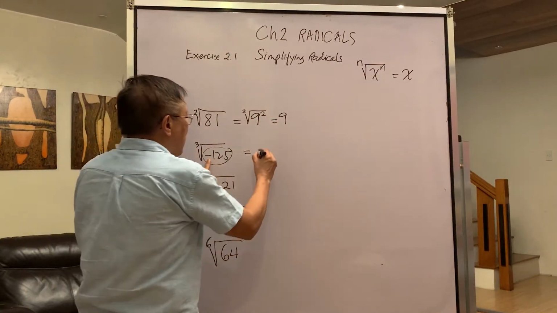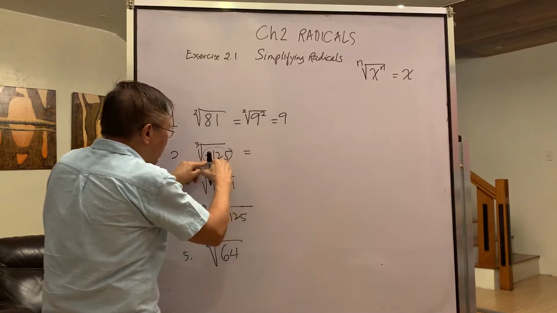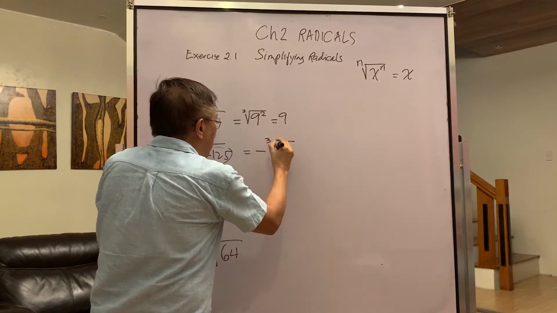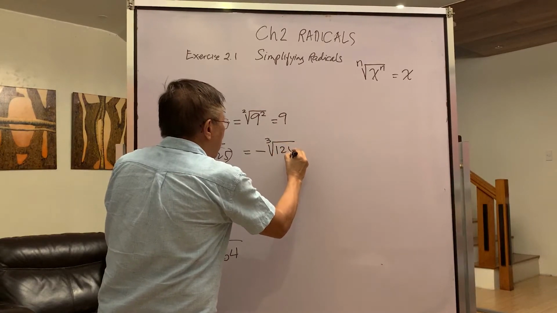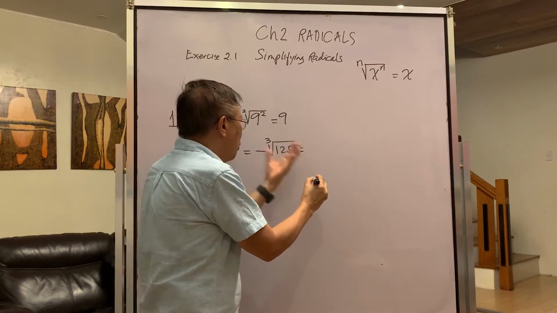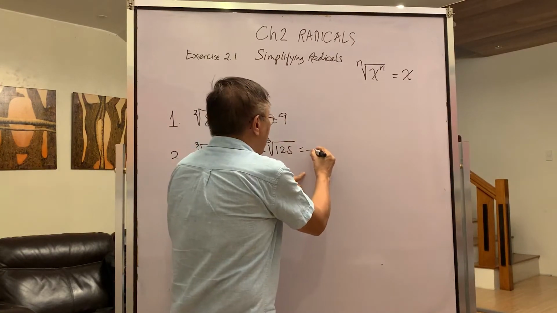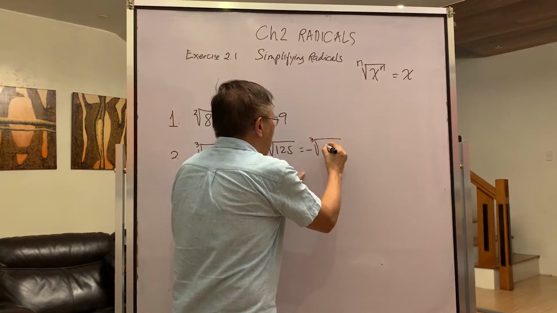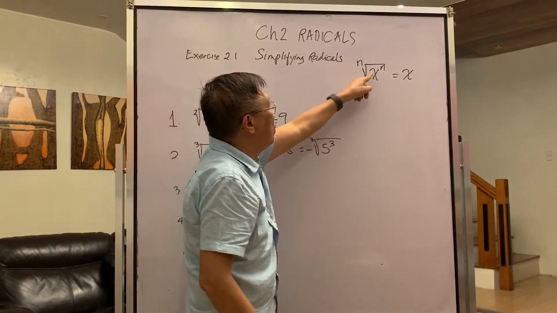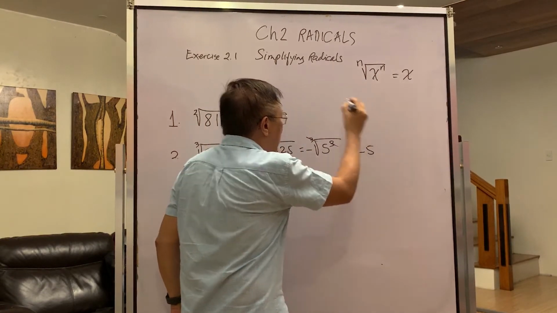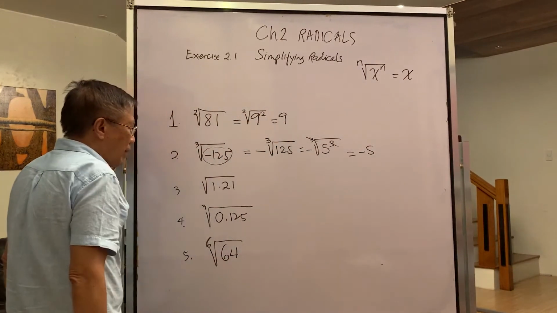So actually, I can take out the negative immediately and I will get here negative cube root of 125. Note that 125 is 5 times 5 times 5. Or I can write it as 5 cubed. Again, from this law, I can cancel this and my answer is negative 5.